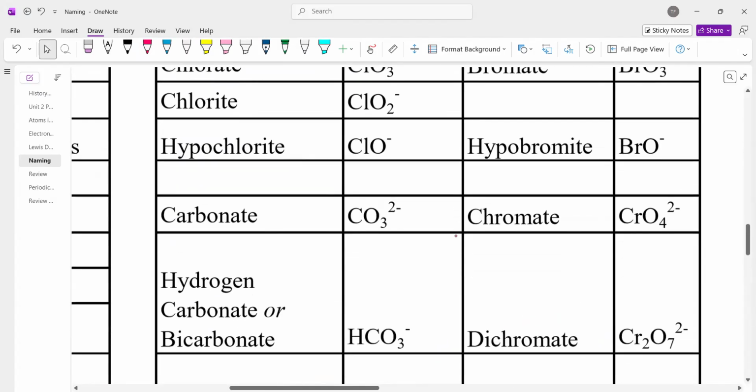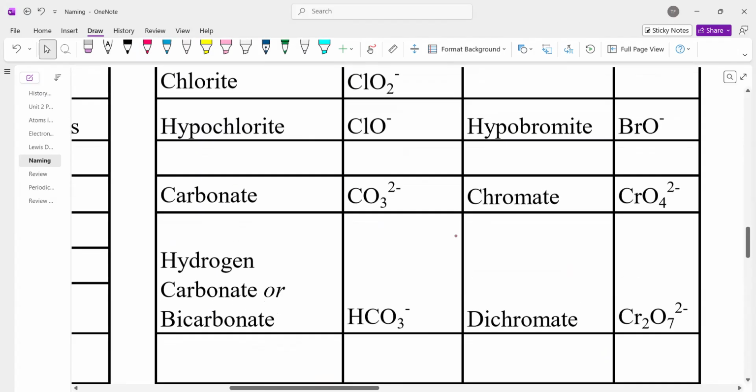There's another one that's got a couple names, and that's this guy over here, hydrogen carbonate or bicarbonate. You've probably heard of bicarbonate of soda. That's a really old name, probably back from the alchemy days, and it's kind of a misnomer. The more correct way to say it is hydrogen carbonate.